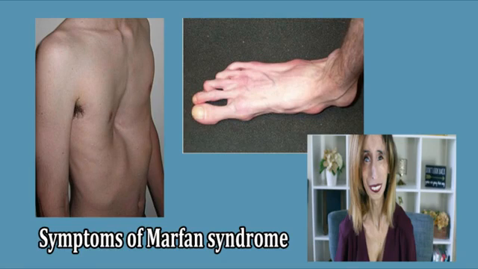The chest can be sunken or protruding, with a narrow face and abnormal teeth. The prevalence of this condition is rare in India. It has been estimated that 1 in 5,000 to 10,000 people are affected by Marfan syndrome in the general population.